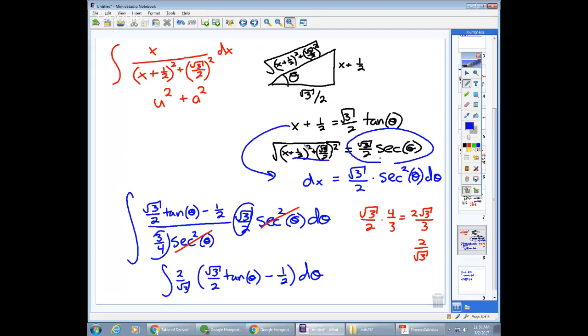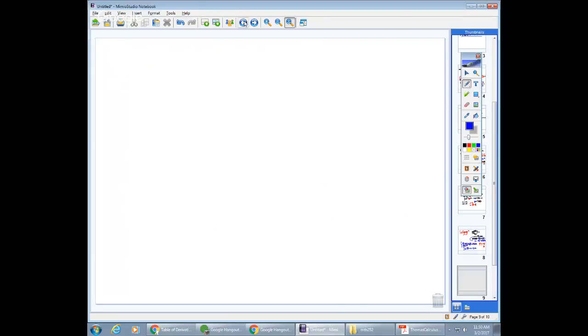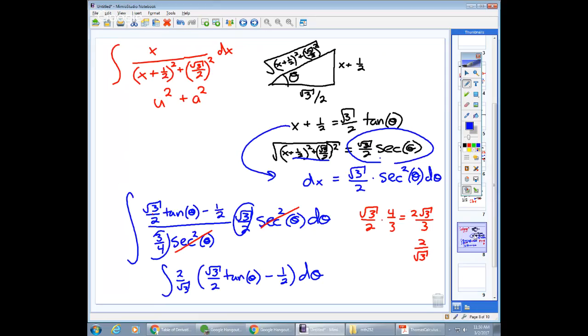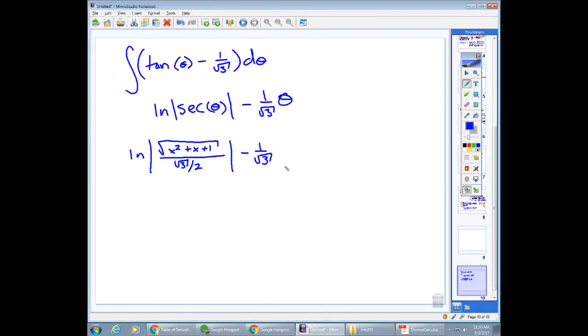So here I have the tangent times the square root of 3 over 2. So we're going to have to divide that square root of 3 over 2 to the other side and then take the arctangent. Where do I need to be? Here we go.